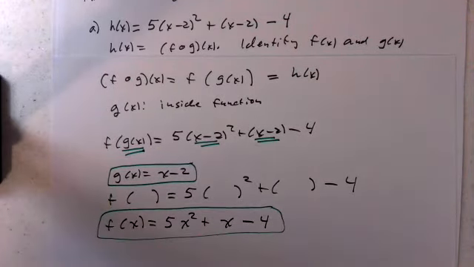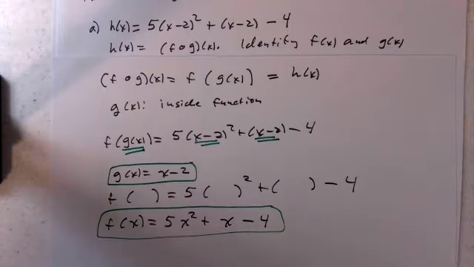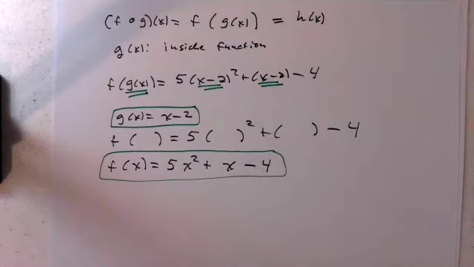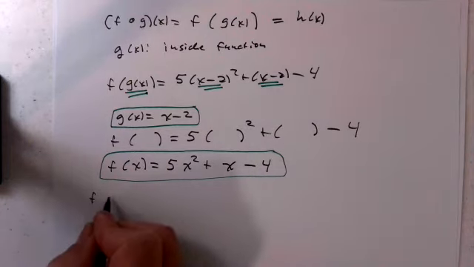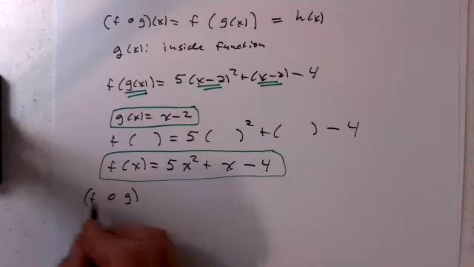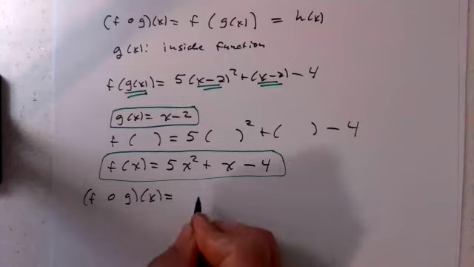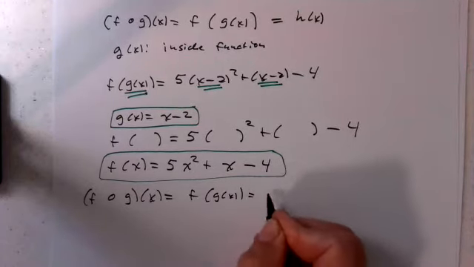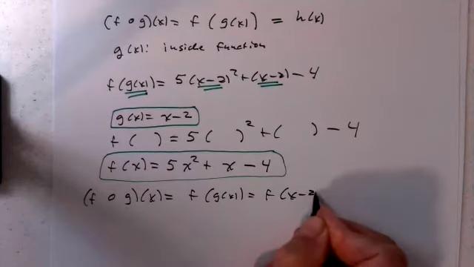So what do we want? We want h of x to equal f circle g. So now that I have f and g defined, let's take a look at f circle g and see if that turns out to be correct. So what is f circle g of x? That, of course, is f of g of x, which is f of x minus 2.